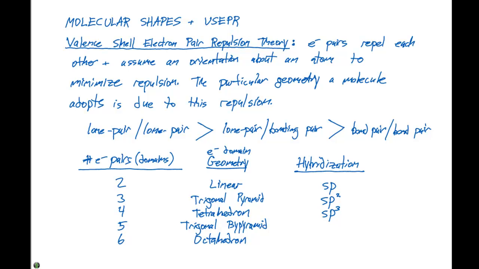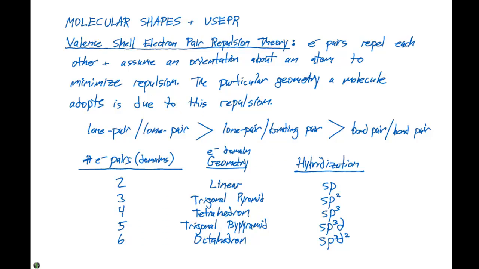If we have a trigonal bipyramid, there's sp3d hybridization, and for an octahedron, we have sp3d2 hybridization. So in this VSEPR theory, we're going to be very concerned with this electron domain geometry, but we're also going to be concerned with something called a molecular geometry.